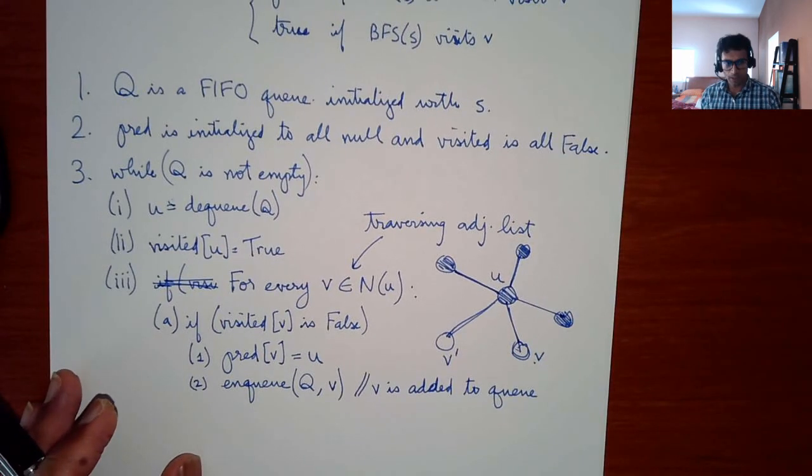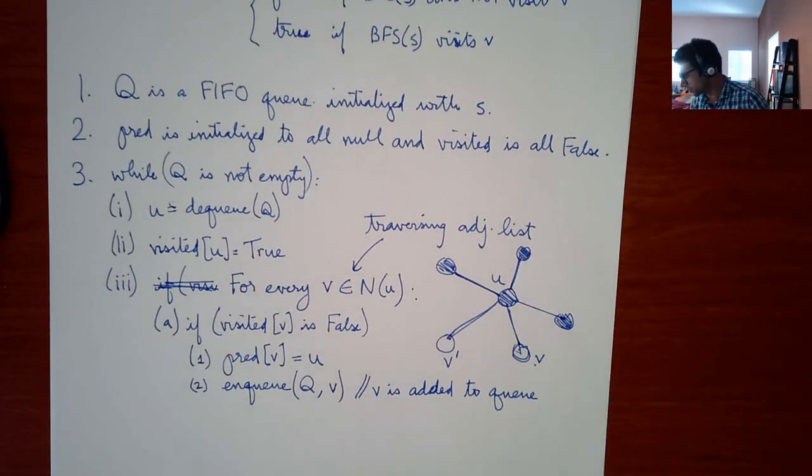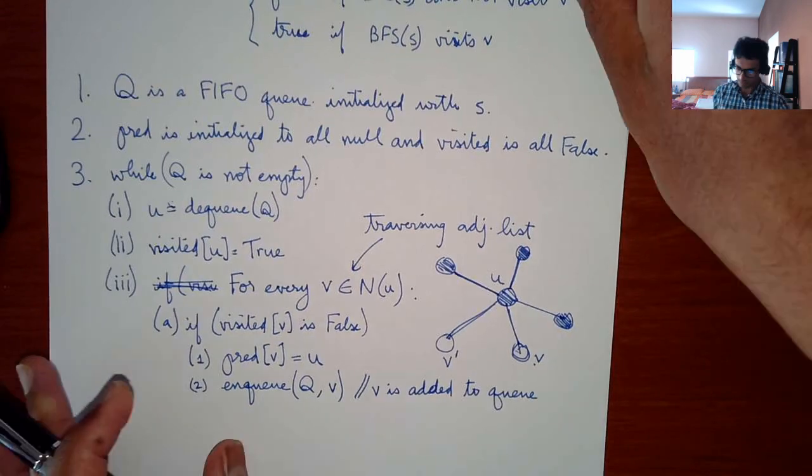Okay, so I have about 15 minutes left. So I'm just going to tell you the properties of the output of BFS, and then I think I'll maybe show you a small visualization, and that will help you understand what is going on here.